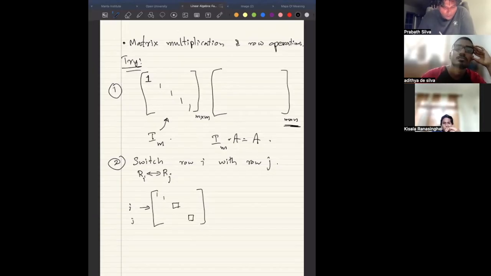You take the identity matrix, and if you want to switch the ith row and jth row, you switch the ith row and jth row of the identity matrix. So you get a matrix that looks like this.